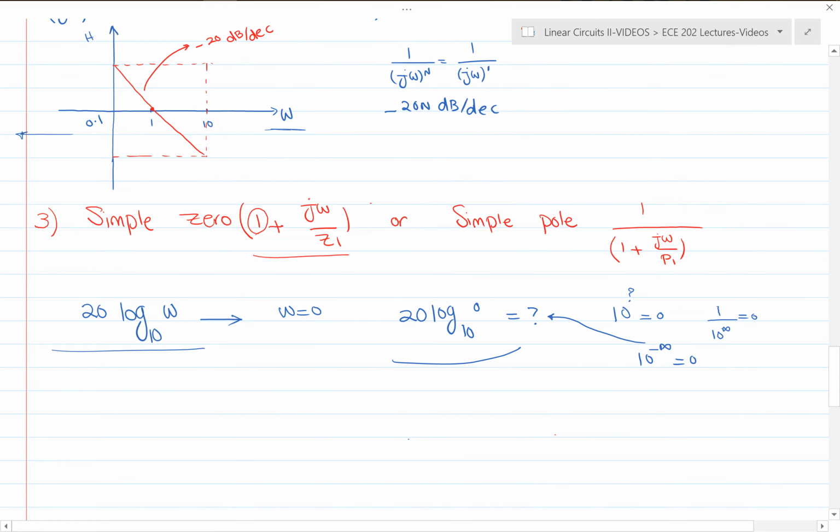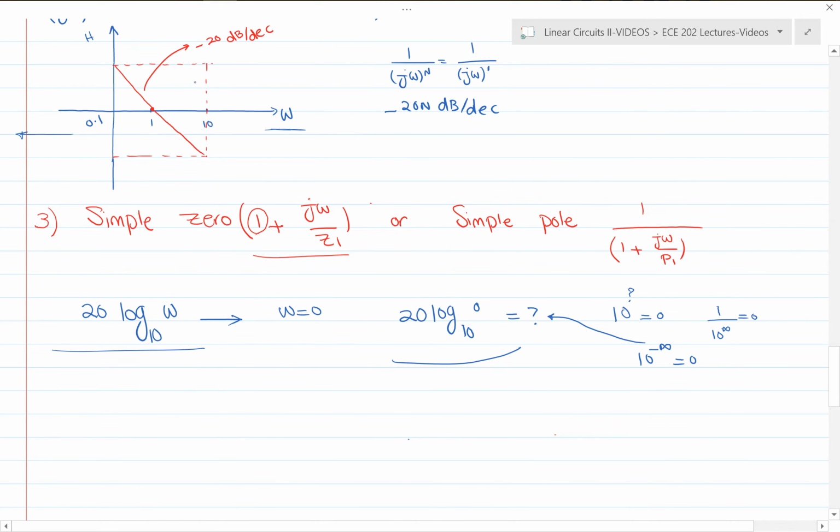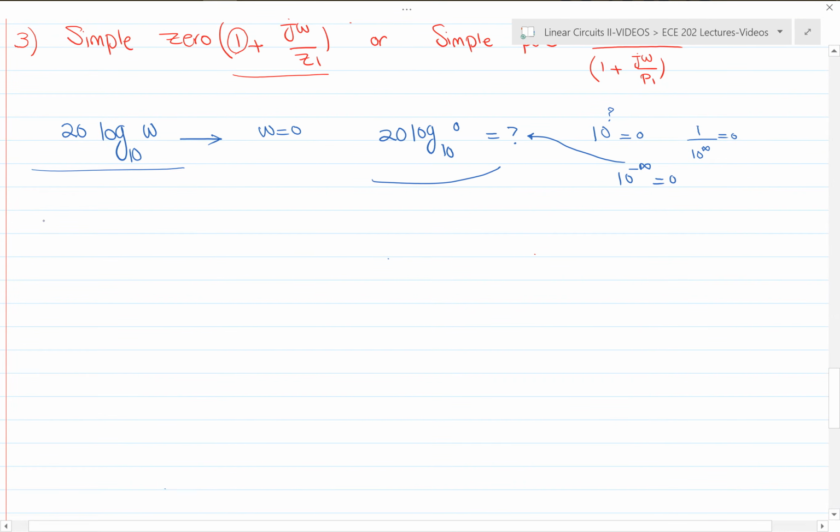That's why we are starting from very small omega, and typically we are setting that small omega as 0.1, okay? So this was one thing that I wanted to point out here.